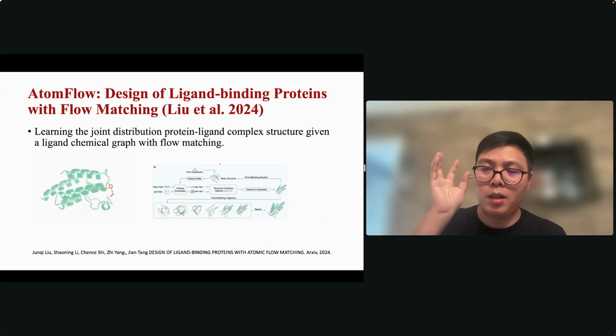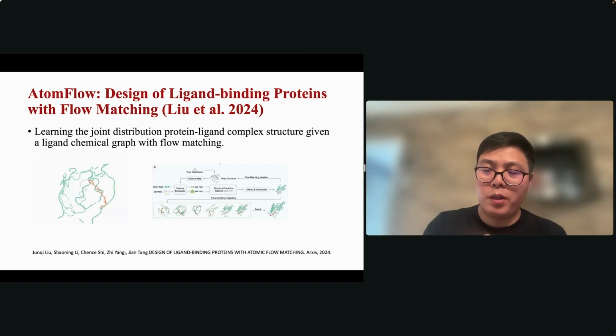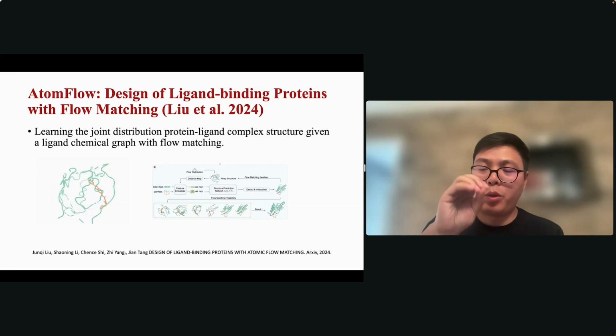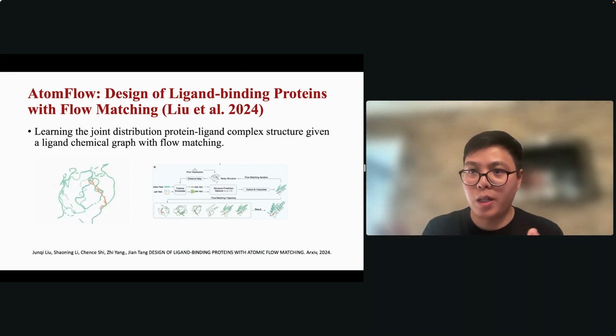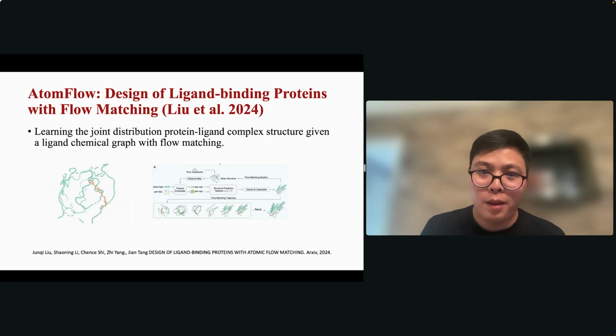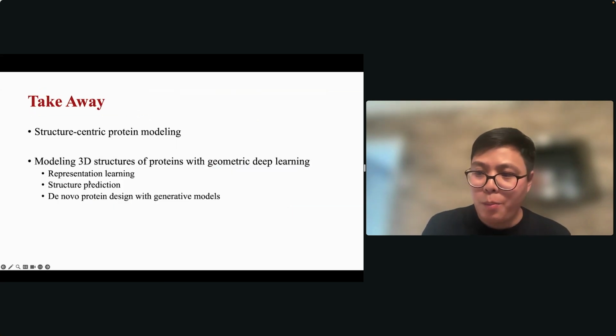Given the chemical graph, we can use flow matching to simultaneously generate the protein ligand 3D complex structure. So that we can eventually get proteins binding to the given ligand. Okay, so I will wrap here.